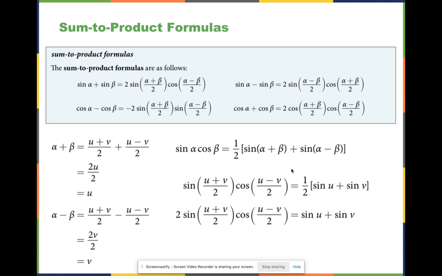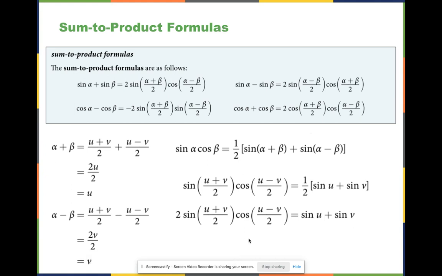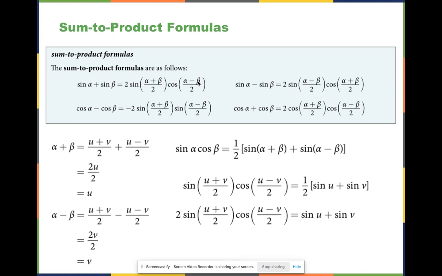This is equal to 1/2 sine of u plus sine of v, right? This u is our alpha plus beta and our alpha minus beta that we figured out here. So we multiply both sides by 2, and we get this equation here. Okay. Again, you don't need to know where that comes from. You can just use these equations that you will always have access to.